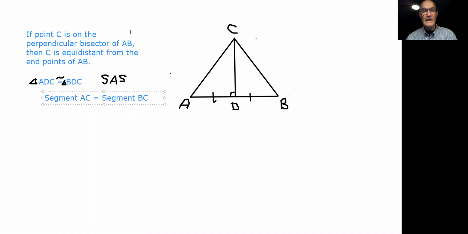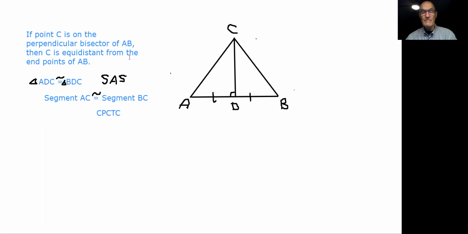And the reason for that, if you remember, is the expression we had a couple of chapters ago, CPCTC: corresponding parts of congruent triangles are congruent. So I know that AC is congruent to BC, angle A is congruent to angle B, and angle ACD is congruent to angle BCD.